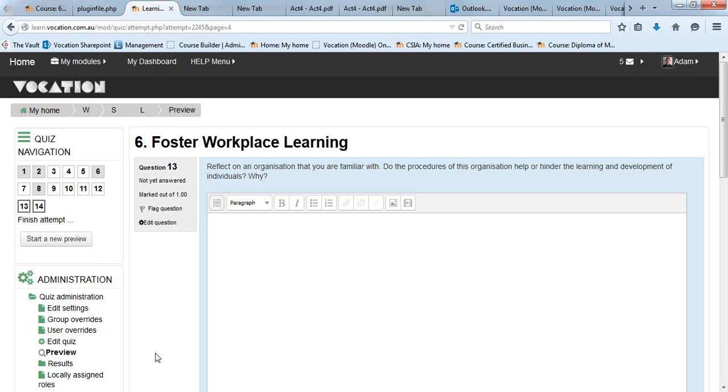Did the procedures encourage learning and development of individuals, or were there no procedures in place, so that it did the opposite of encouraging individuals to learn and develop? Procedures are almost like the operational plan behind a strategy.